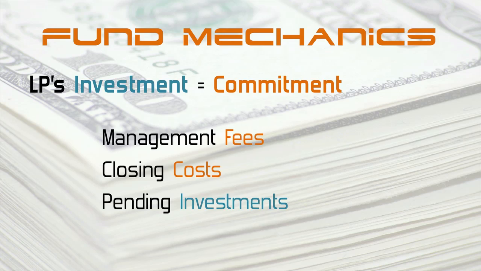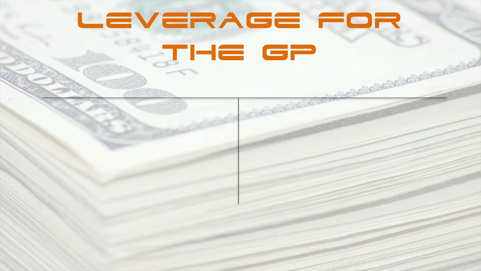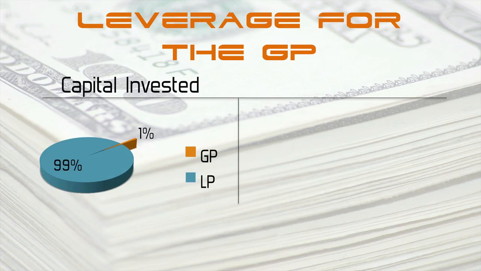In this slide, I just want to pull the cover back a little bit on what we're going to talk about in the next video, and that is the leverage that's available for the general partner of a fund. You can see here that typically the capital invested in a fund is 1% from the general partner and 99% from the limited partners. So in our example of a $5 million fund, the general partner is going to invest $50,000.